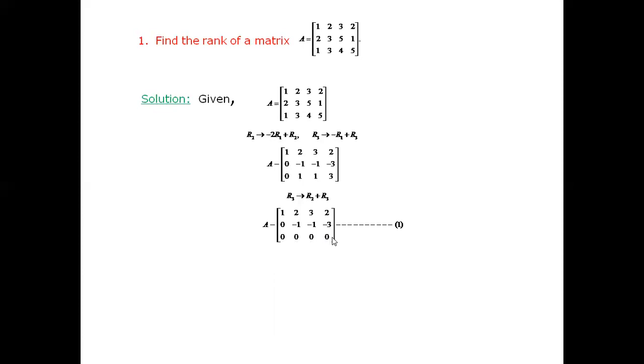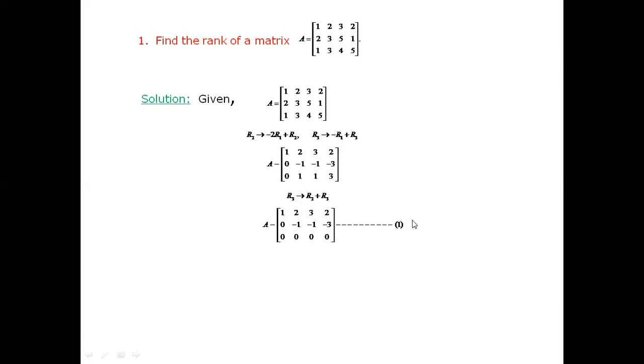If you leave the zero row, this is the principal diagonal, and you can observe that the elements below the principal diagonal are zeros. A matrix of this form is called an echelon form matrix. So the given matrix, using row operations, reduces to echelon form.